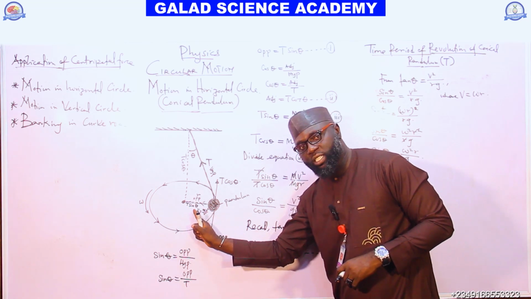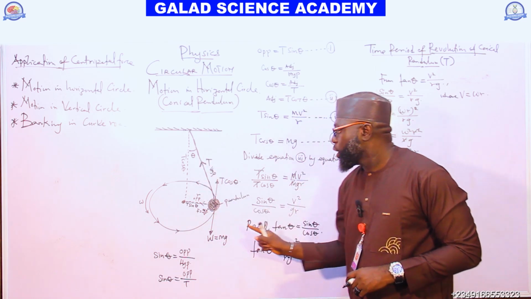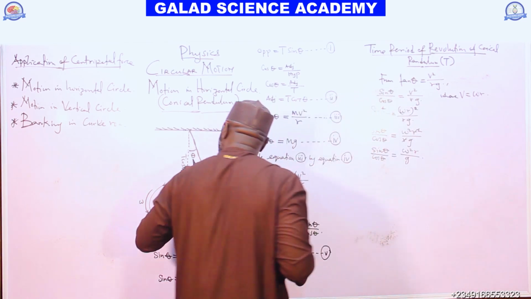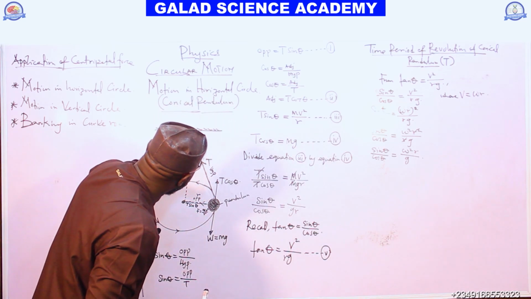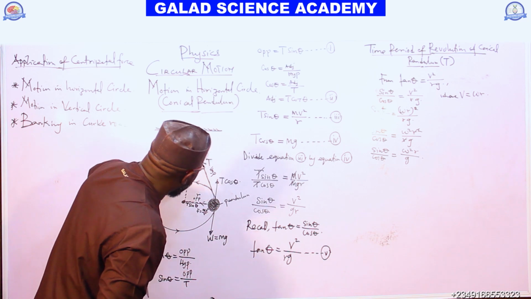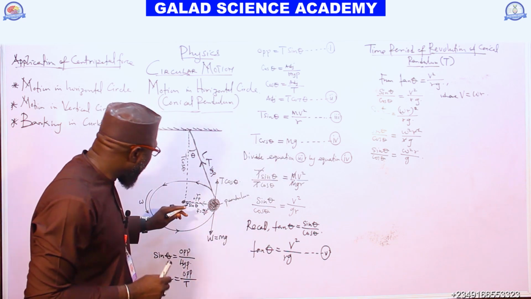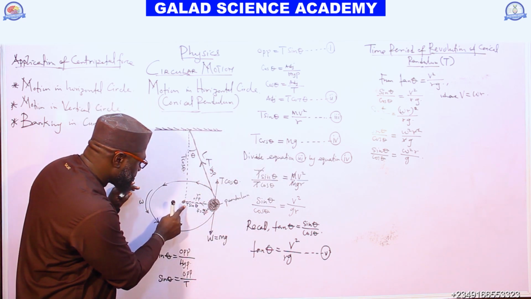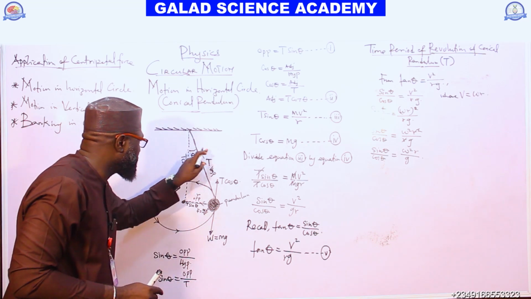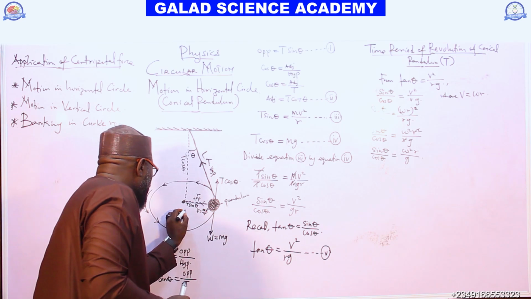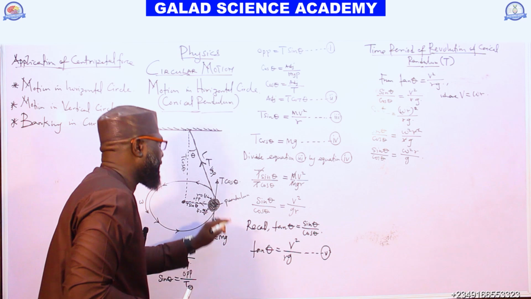T sine theta. And T here is tension of the string. But this time around here, we don't have interest in tension. Our interest is this length of the string, which is L. The length of the string is L. And here now, you change this tension to L, because the radius here, R is equal to L sine theta.